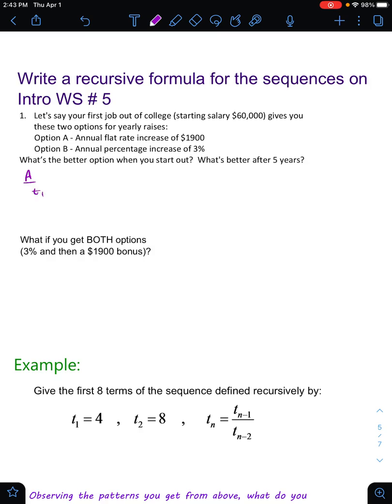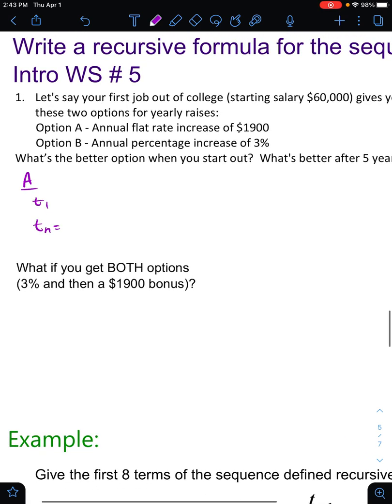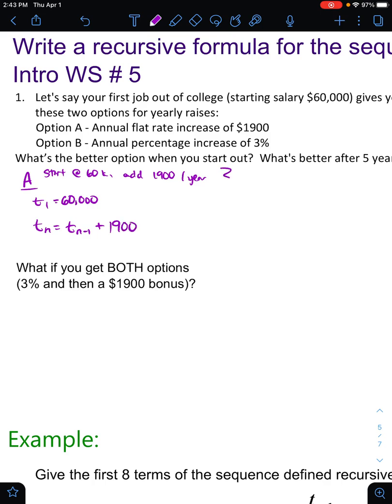I need a t sub 1 and a formula for t sub n. Well, it says my starting salary, that's going to be my first year's salary, is $60,000. And then the pattern is start at 60K and then add 1,900 per year. So it's going to be take my old salary, my last year's salary, and add 1,900. So that's A.